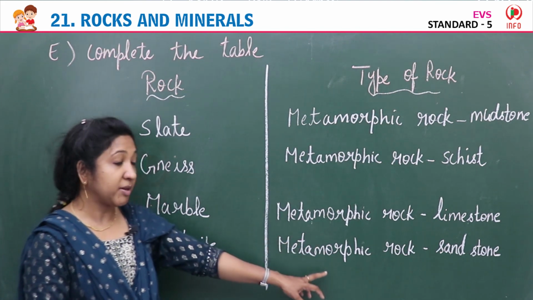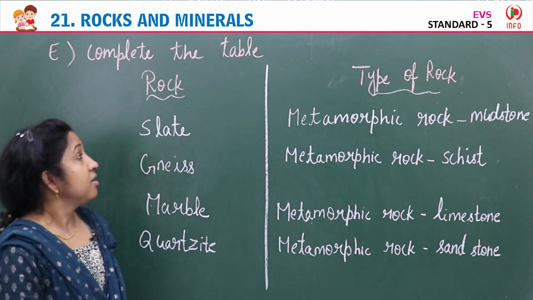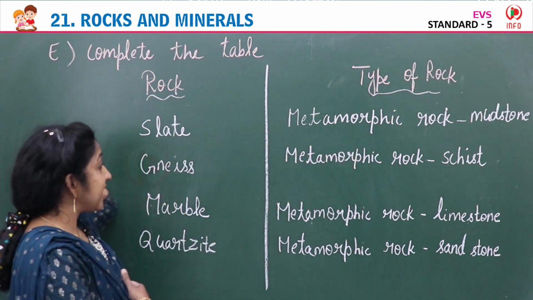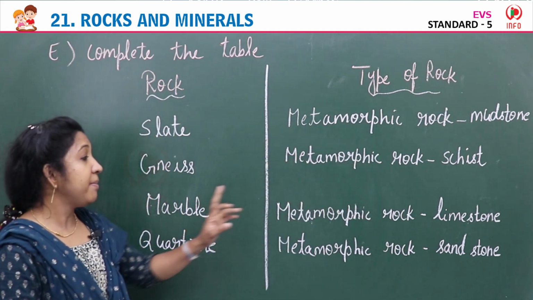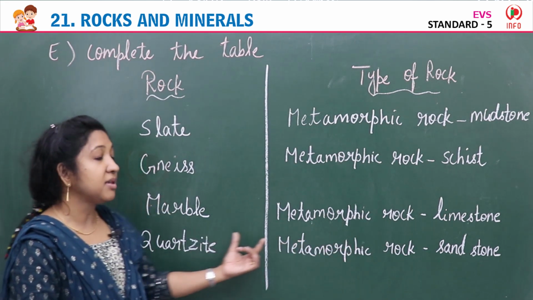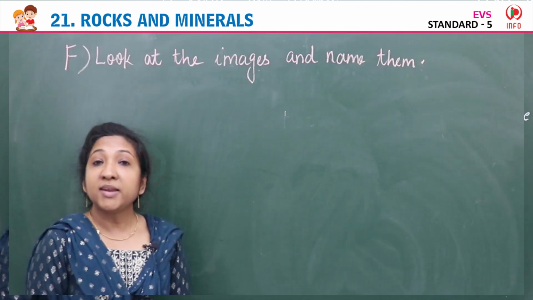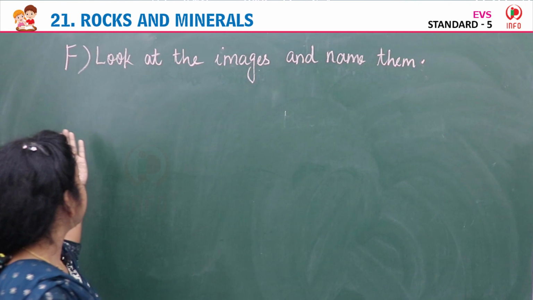Yes, it's a metamorphic rock formed from sandstone. So slate, metamorphic rock, from mudstone. Gneiss, metamorphic rock. Marble, metamorphic rock, from limestone. And quartzite is a metamorphic rock of type sandstone.